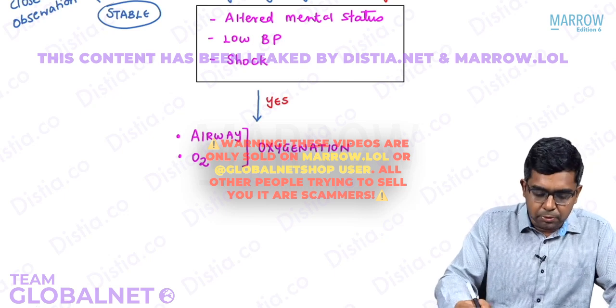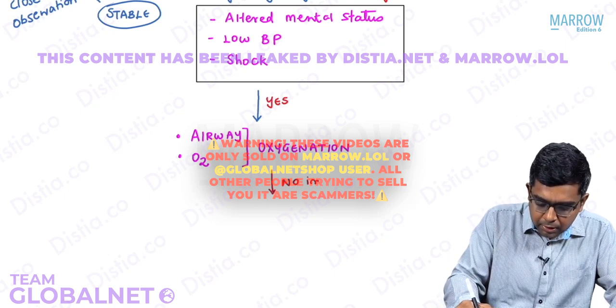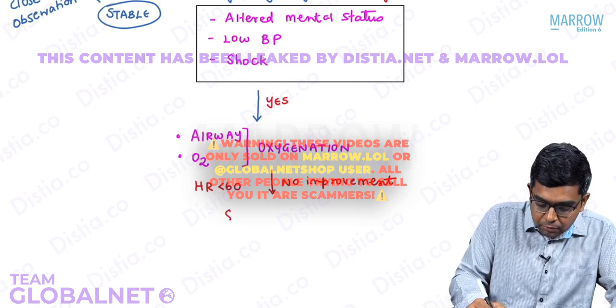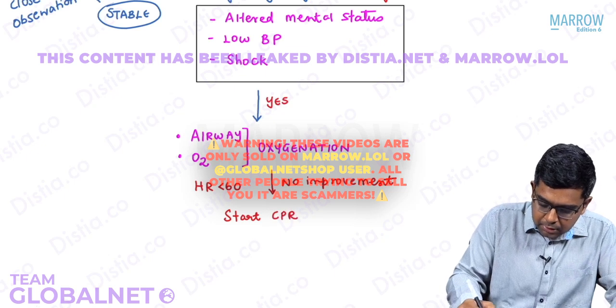Suppose the child is not showing a response or no improvement even after adequate oxygenation and the heart rate is still less than 60 per minute, then you have to start CPR, cardiopulmonary resuscitation.